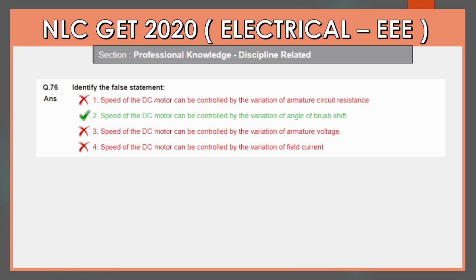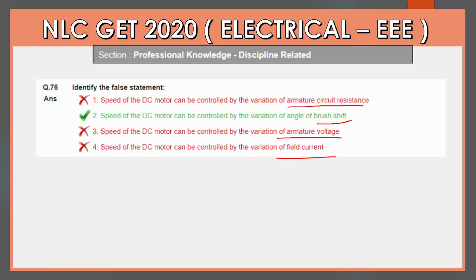Identify the false statement. Next question. So if you see the statements, if you see the second statement, it is saying speed of DC motor can be controlled by variation of angle of brush shift. We have seen that speed of DC motor can be varied by armature circuit resistance or armature voltage or field current.